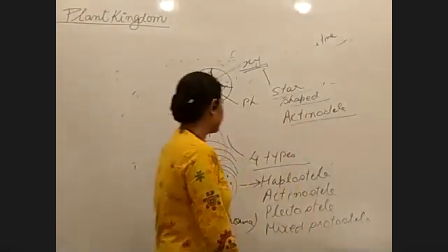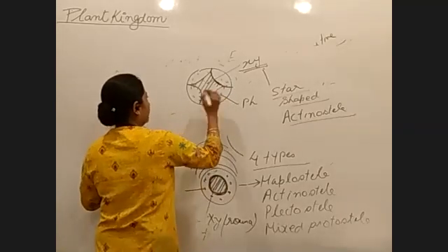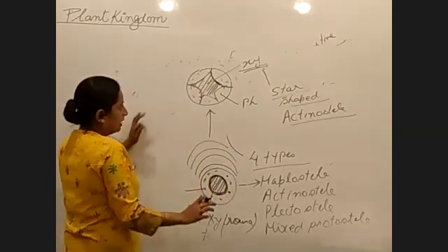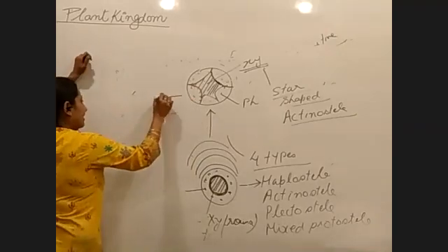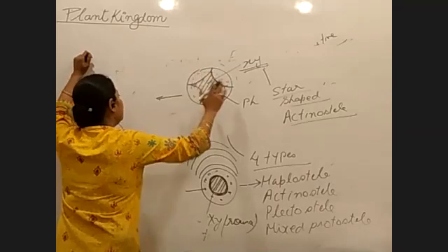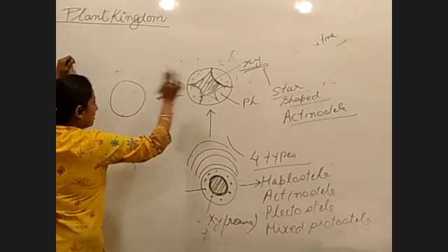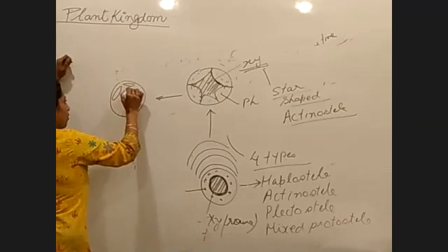Yes, ma'am. Right? So gradually the amount of xylem started decreasing. So this is called actinostele. What next? Next, in the progress of evolution, this xylem further broke down. After this structure broke, they started arranging in the form of plates.